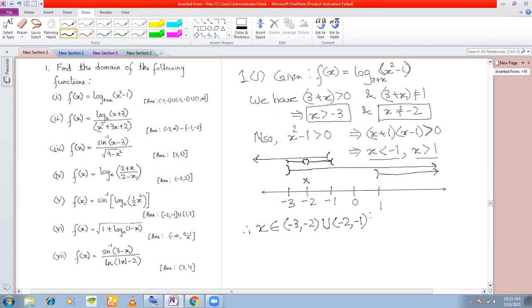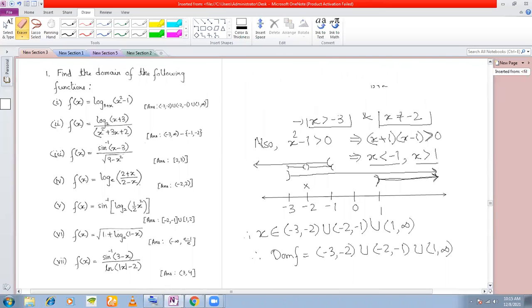And then again from 1 it continues till infinity. So what is the domain of f? (-3, -2), (-2, -1), and (1, infinity). It can take all these values. So that is what the domain of f is.